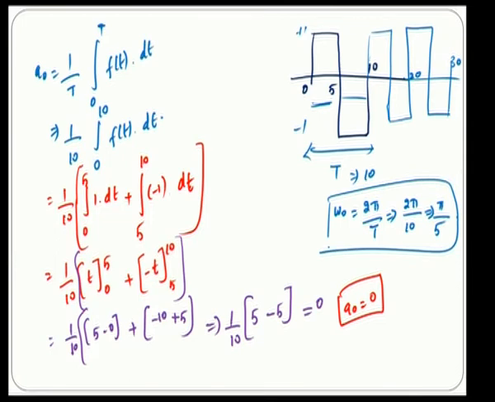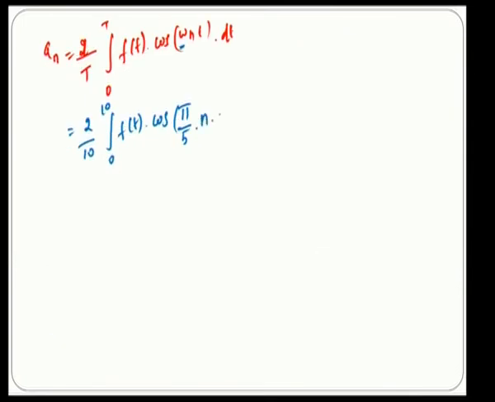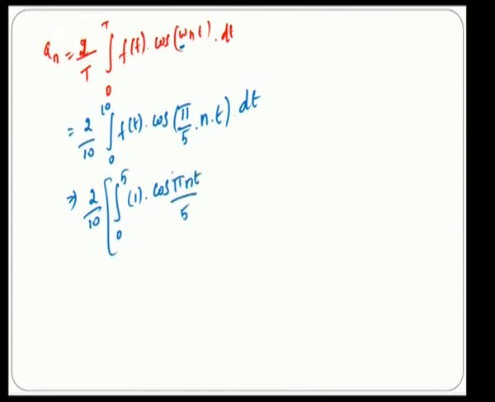So, cos of pi by 5 into n into t into dt. So, 2 by 10, split the integral: 0 to 5, 1 into cos pi n t by 5 into dt, plus 5 to 10, minus 1 into cos pi n t by 5 into dt.